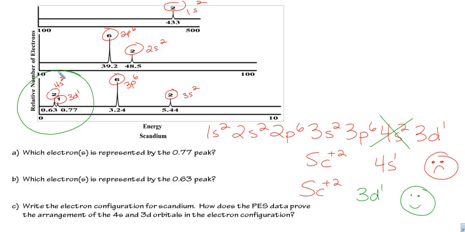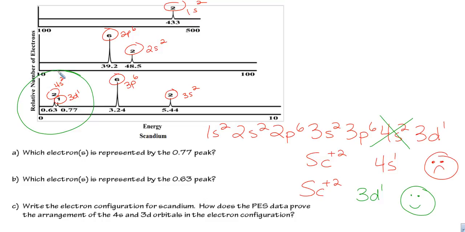That's what they're getting at in part C down at the bottom. Now, I get it. Usually in the electron configuration, we put the 4s2 in front of the 3d1 to show overall increasing energy of the orbitals. And it also shows the filling order.